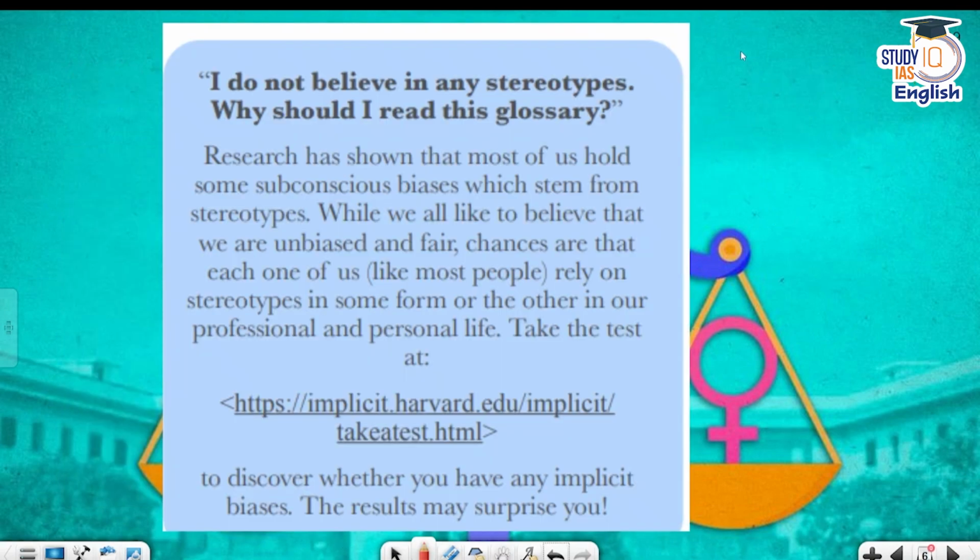Now, you must be thinking that you are not biased. You may not be actively biased, but every one of us has subconscious biases. We may not be a biased individual actively, but passively, if we meet somebody, if we do not know much about them, just a few things about them, our brain starts to develop a pattern.